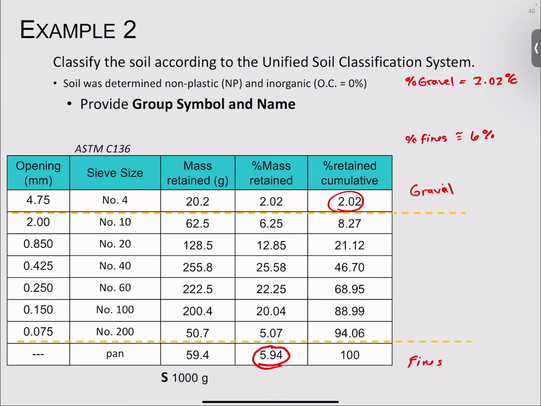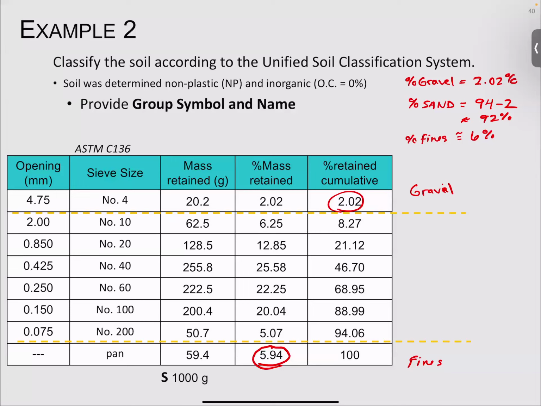And then the percentage of sand will be 94 minus 2, so about 92%. So the majority of our material is within that sand range, right? Very minimal fines, very minimal gravel, 92% of our material is sand.